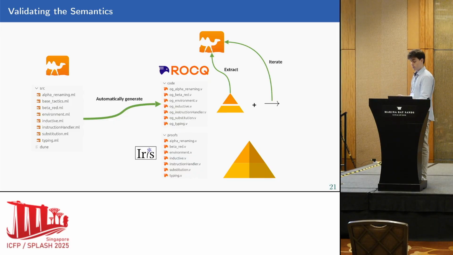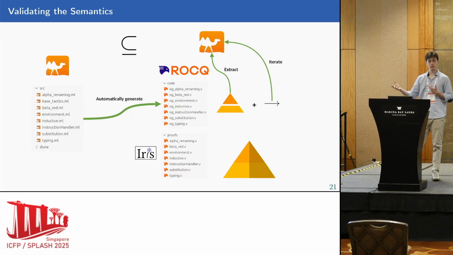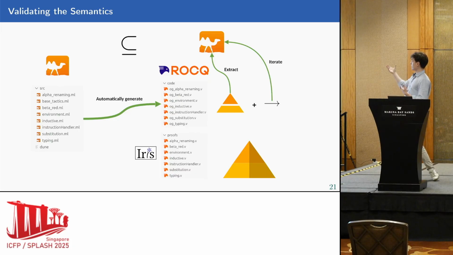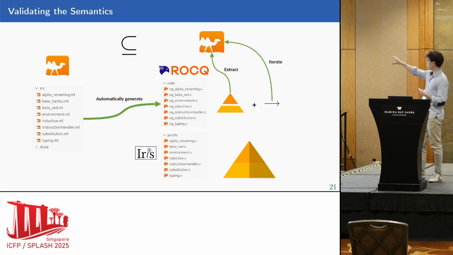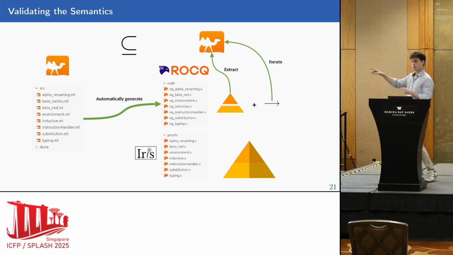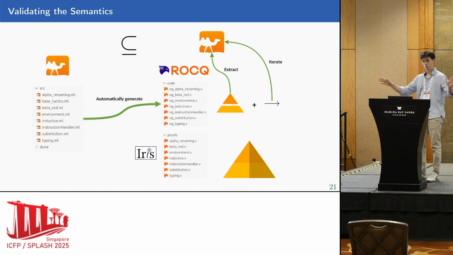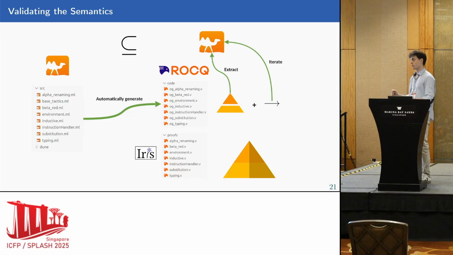And what this allows us to do is test for inclusion of the behaviors that are actually displayed by the OCaml compiler against the behaviors that are allowed by our semantics. And this is all parameterized in order of evaluation, so we can try and mimic the order of evaluation of the compiler if we want to restrain our subset of tests, or we can just model our non-deterministic order of evaluation if we want.